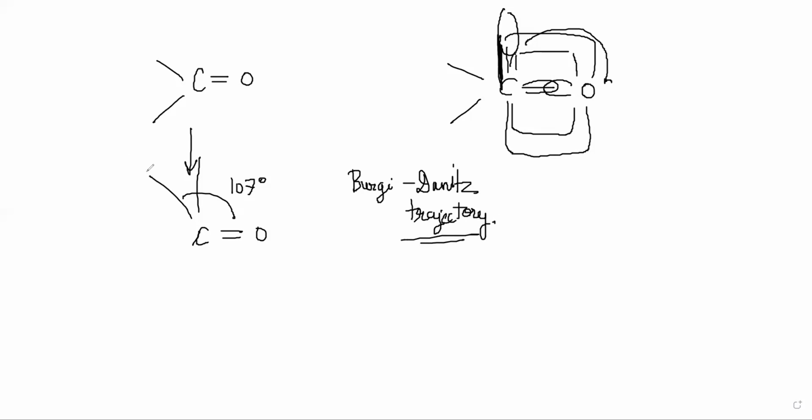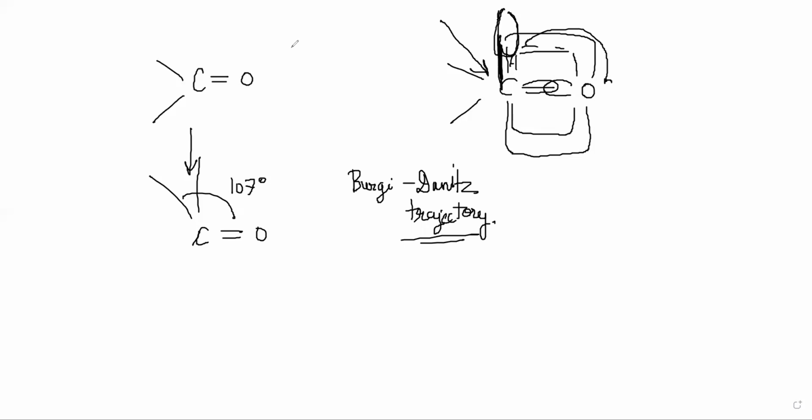The reason is that there is a repulsion from the filled p or pi orbital. It doesn't want to come like this. The repulsion from the filled p orbital forces it to attack like this. He also explains it in a way that actually the pi star orbitals.